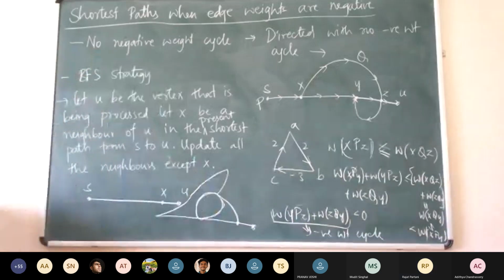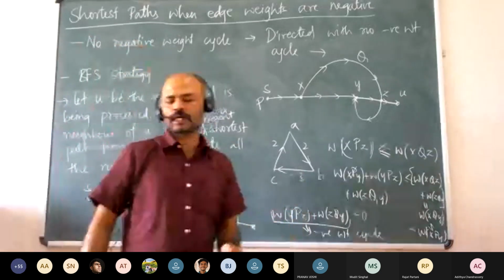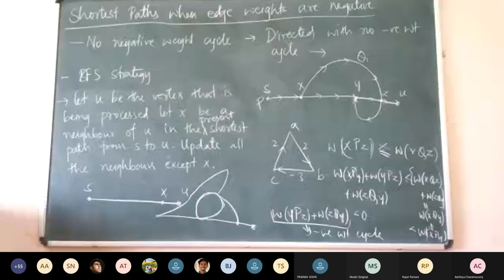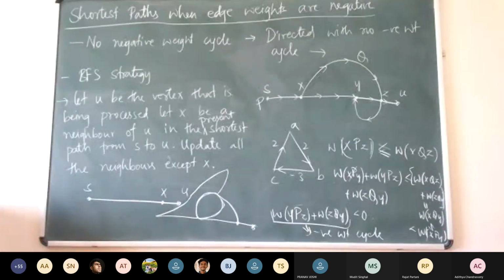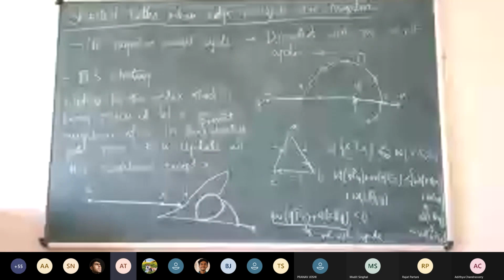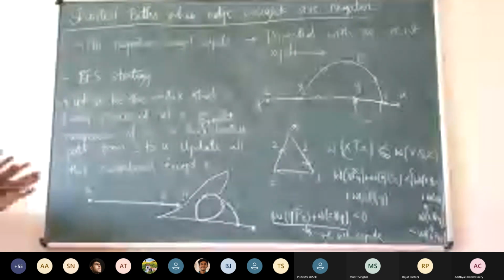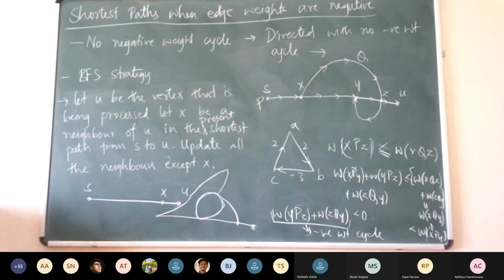Yes, sir. So does it mean that the shortest path property works for even directed graphs without any negative weight cycles? Okay, so whatever we did with respect to the BFS algorithm, will that go through?